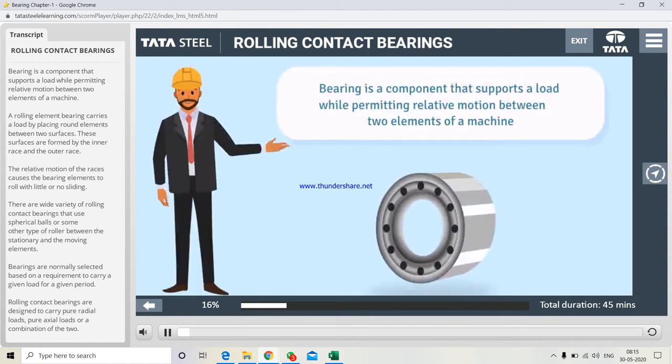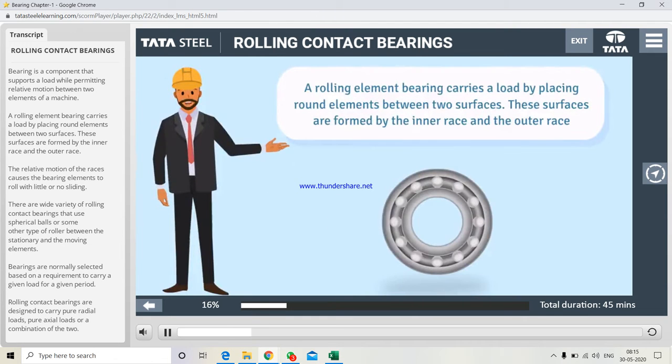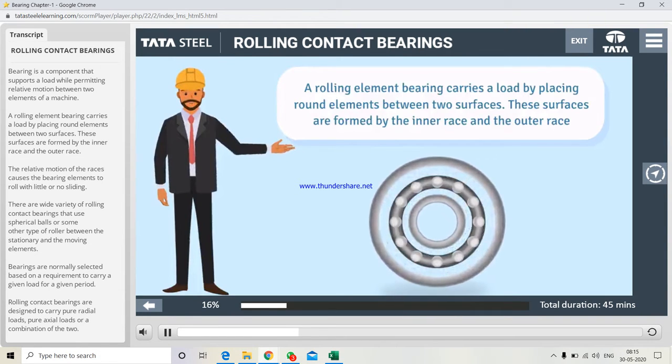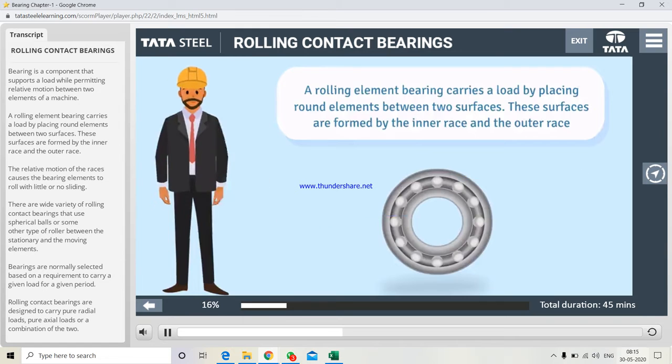Bearing is a component that supports a load while permitting relative motion between two elements of a machine. A rolling element bearing carries a load by placing round elements between two surfaces. These surfaces are formed by the inner race and the outer race.